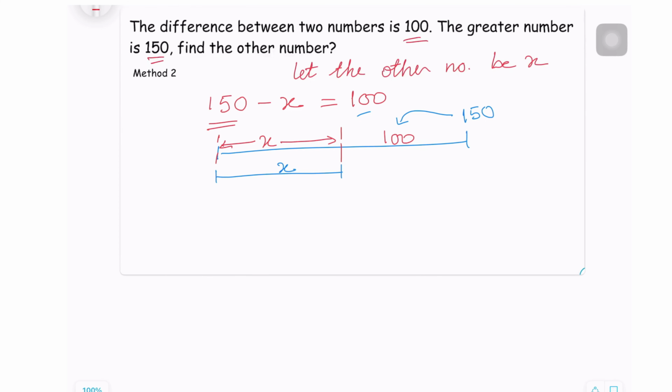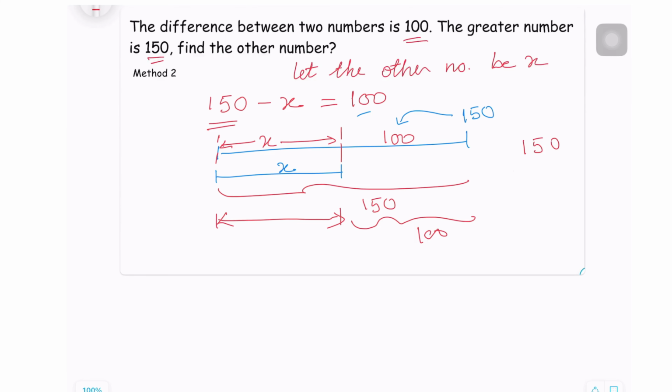So we know the whole line is 150 and this is x. When from 150 we are subtracting x, we are getting 100. So how can we find out this portion? By subtracting. If we subtract 100 from 150, I think we can get this portion.